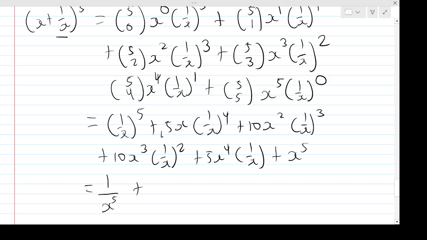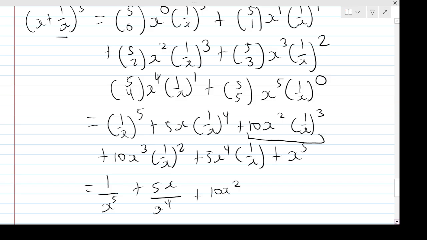Then the next term here. So we're going to have 5x. But then 1 over x to the 4 is just 1 over x to the 4. So then that'd be times by 1 over x to the 4. Or we could just say 5x over x to the 4. Okay, then the next part, well, that's 10x squared. So 10x squared.